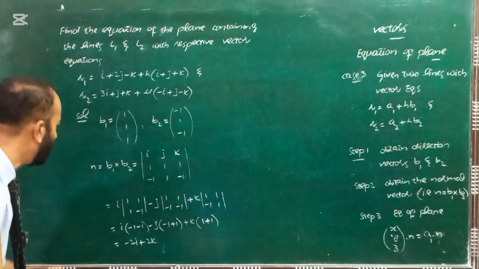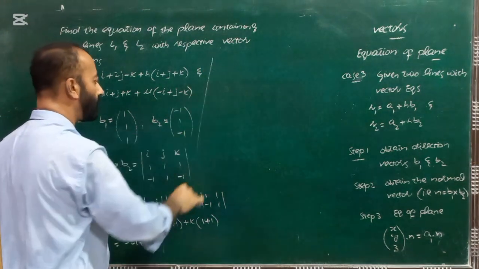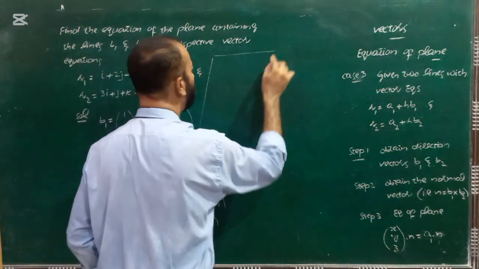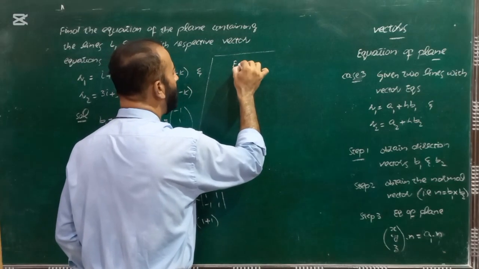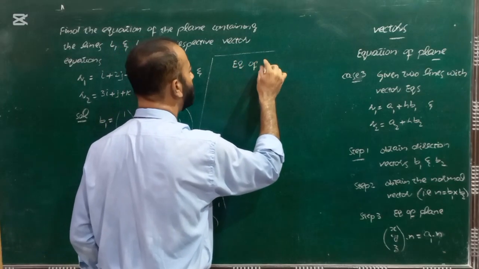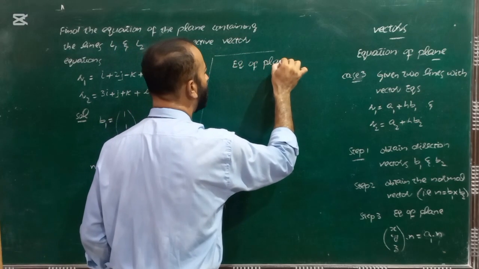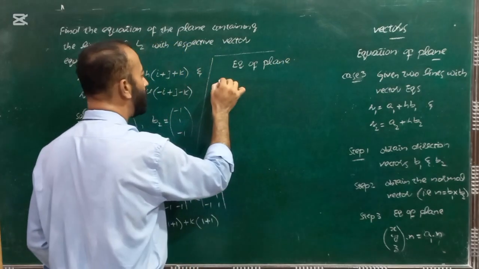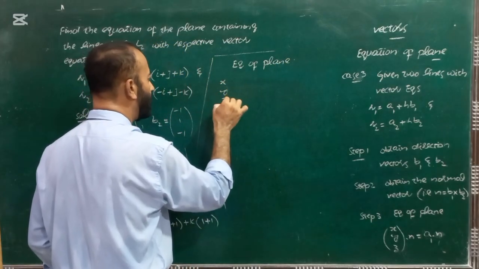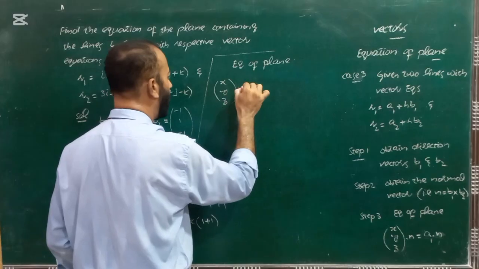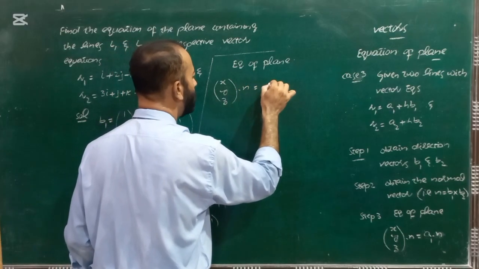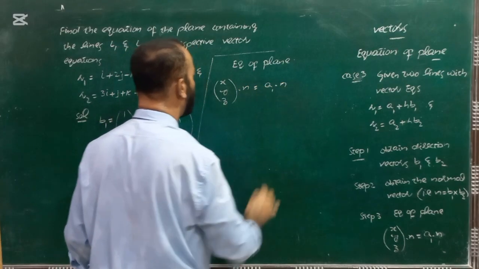So this is the normal vector, and the final step will be the equation of the plane, that is x, y, z dot n is equal to a1 dot n.